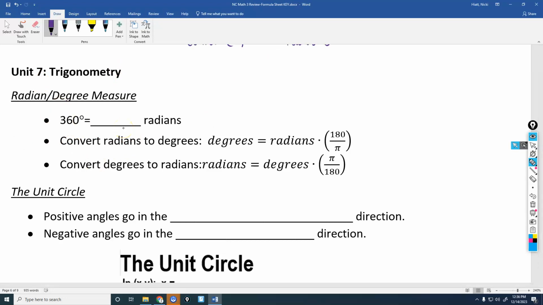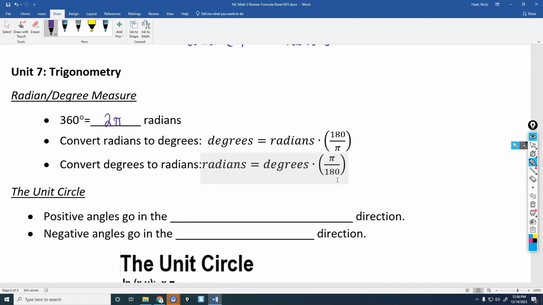So 360 degrees equals how many radians? 2 pi. That's important to know. To convert radians to degrees, you take your radians and multiply by 180 over pi. To convert degrees to radians, you multiply by pi over 180.